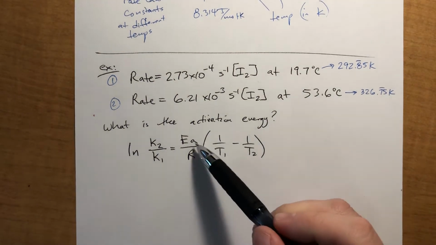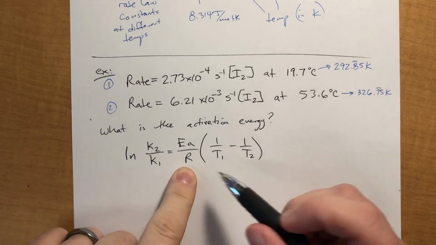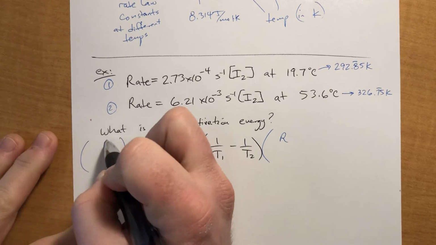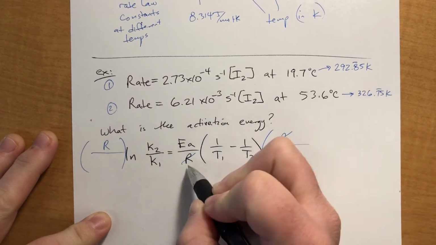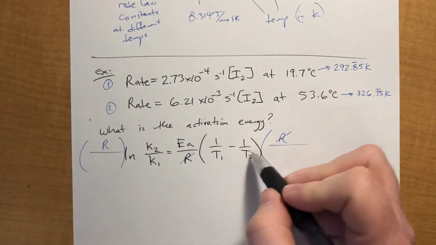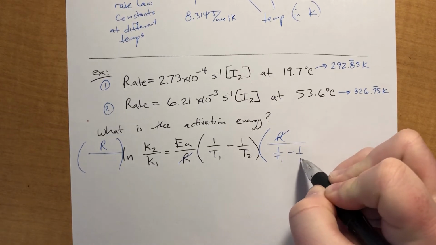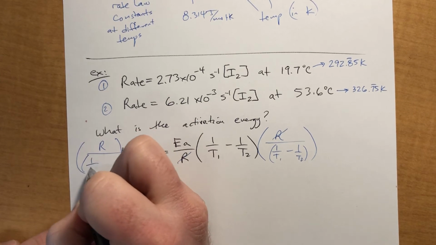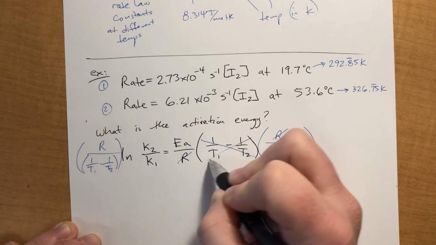Since we're solving for E sub A, we're going to just leave this as is on the left. We need to get rid of this R. We're going to multiply by R on both sides. Whatever we do to one side, we have to do to both sides. That's on the bottom here, so I put it on the top here to cancel it out, which leaves 1 over here on the top. We also need to get rid of this entire parenthesis, so I'm just going to divide the entire parenthesis on both sides, which cancels all that out.